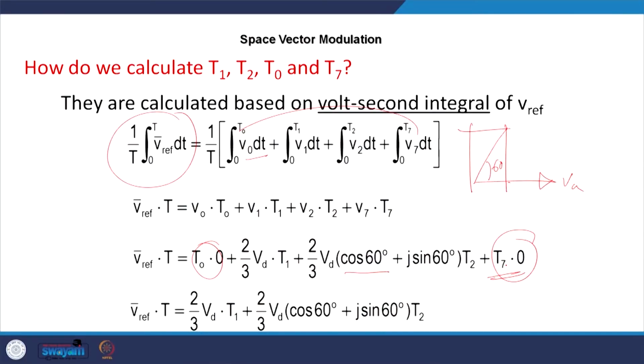So, this one is 0 and this one is also 0. So, you just reduce these terms, these null vectors. So, V reference into T will be equal to 2/3 Vd into T1 plus 2/3 Vd (cos 30 plus j sin 30) into T2.